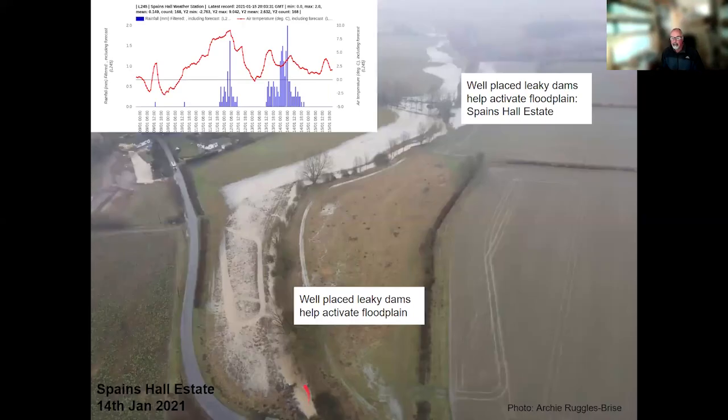And from the air, that's what this looks like. There's a whole bunch of those leaky dams up here in Spain's Hall, and that has lifted the river enough that it's pushed over into this land. And all this water, therefore, is kept away from the village just downstream.